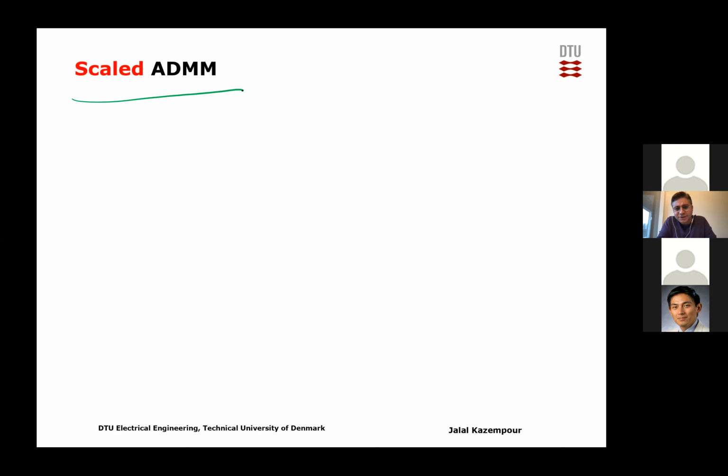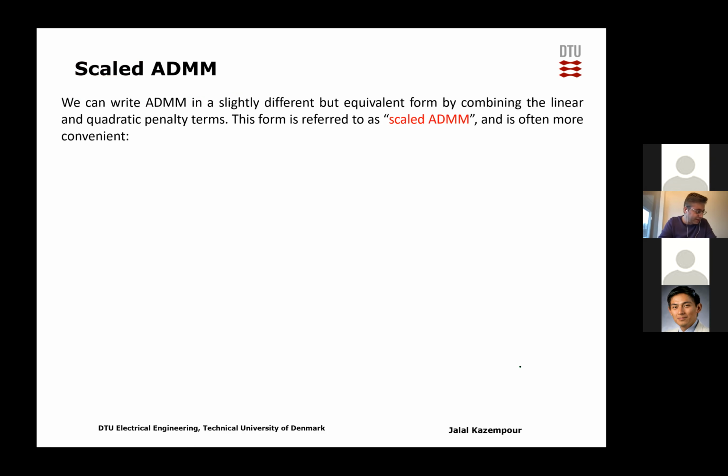So there is something called scaled ADMM. It's not a different technique. It's exactly the same representation of our ADMM, but in a bit different way, but it's equivalent to our ADMM. Let's see what it means.